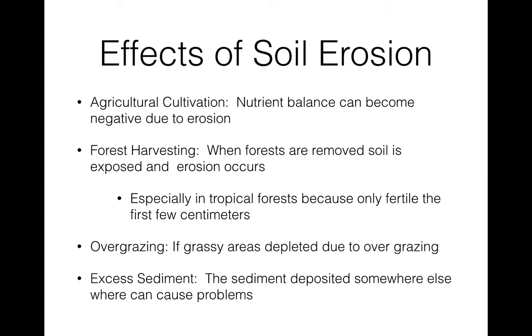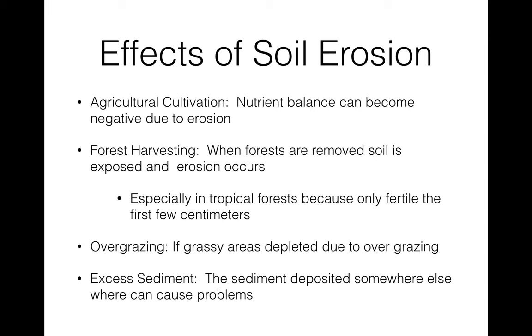For example, when we put fertilizer on our crops in this area and then the heavy rains come, it gets into the groundwater that then eventually gets into Lake Erie, and that extra fertilizer creates algae blooms. So erosion carries these sediments and things away, but then they have to be deposited somewhere, which can cause trouble in those places.